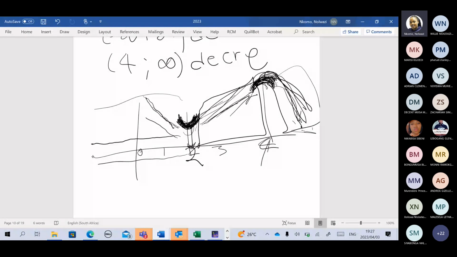Okay, so this is minus infinity until 2. But here we know it's from 2 and 4, from 2 until 4. So, but then 2 and 4, they are not included. So it's from 2 until 4.